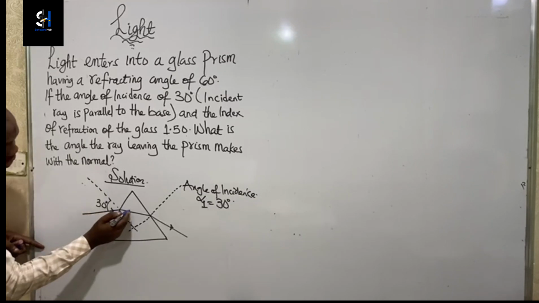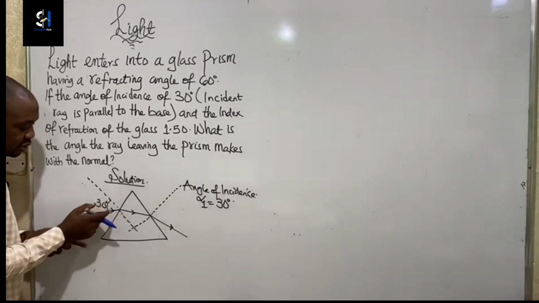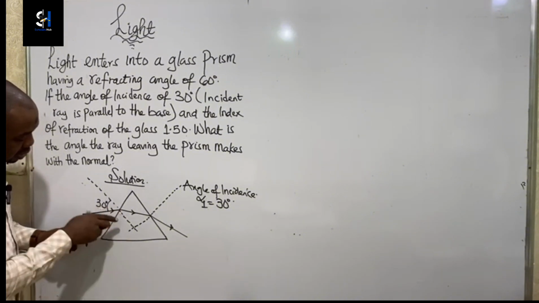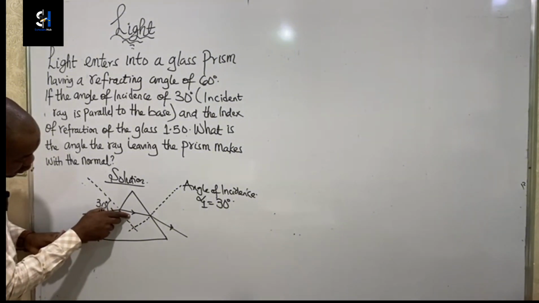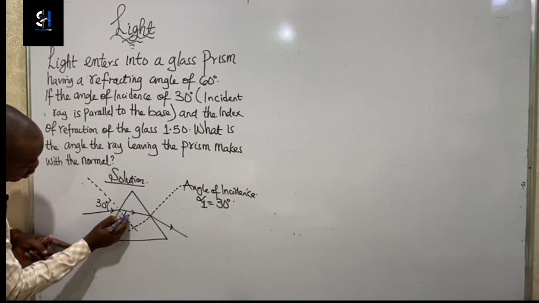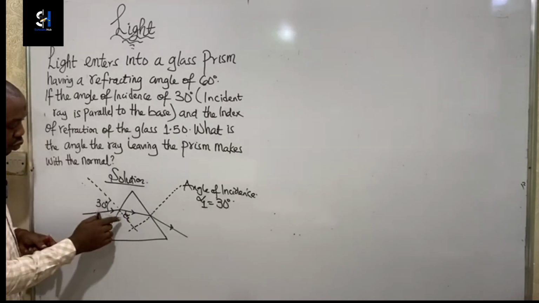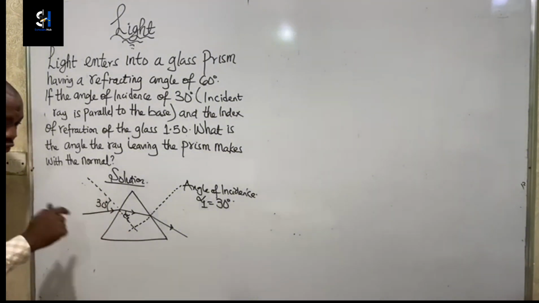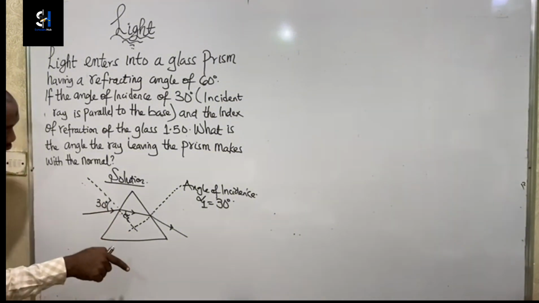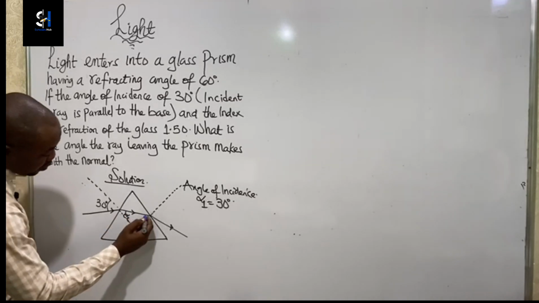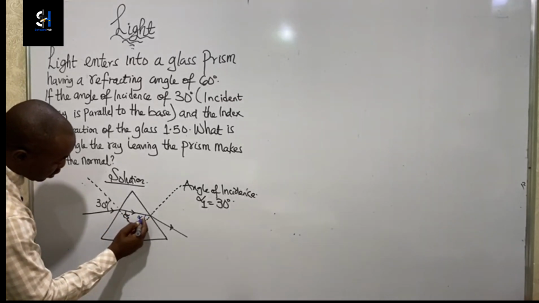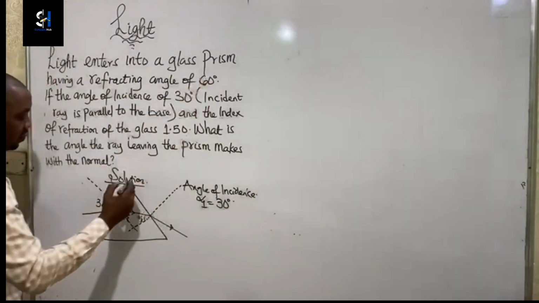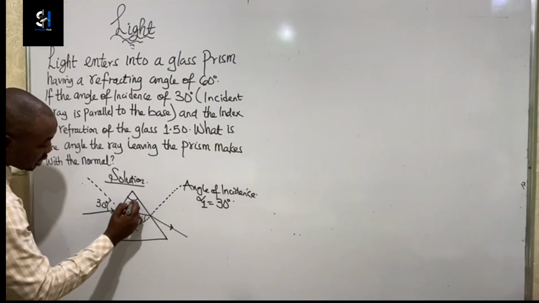Now, can we see that the emergent ray through the glass will make an angle alpha 2 with the apparent ray which is entering the glass. Also there will be another angle here, say angle alpha 3, and we are given the refracting angle of the glass to be 60 degrees.